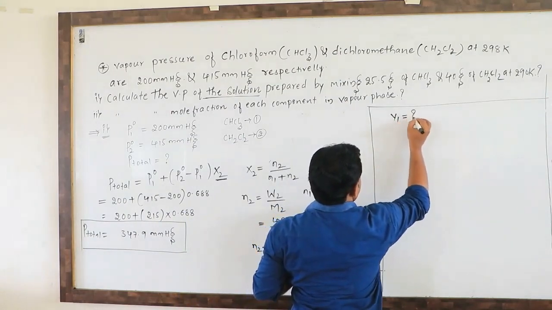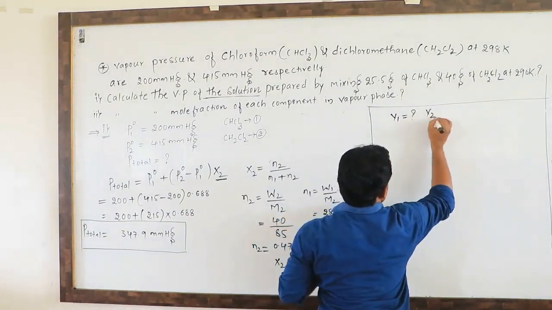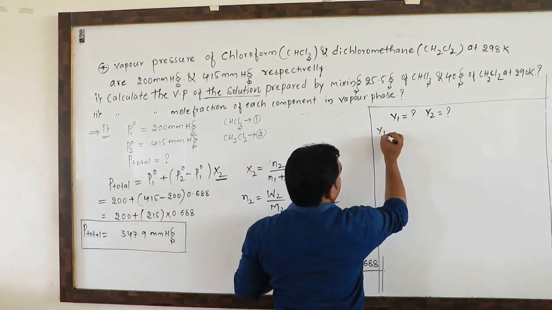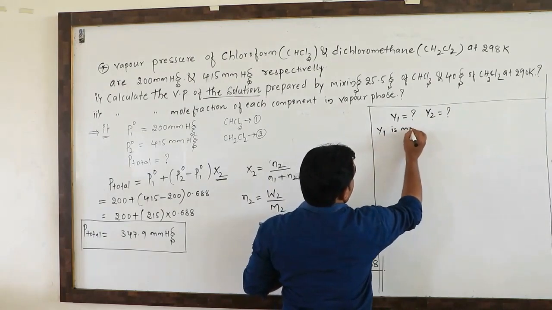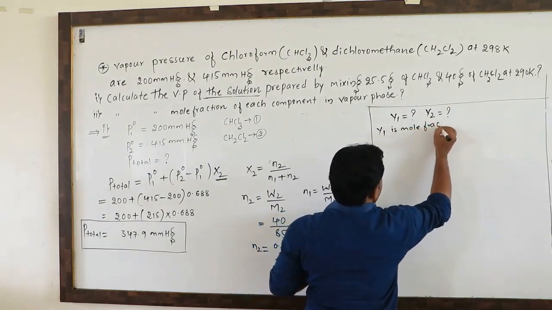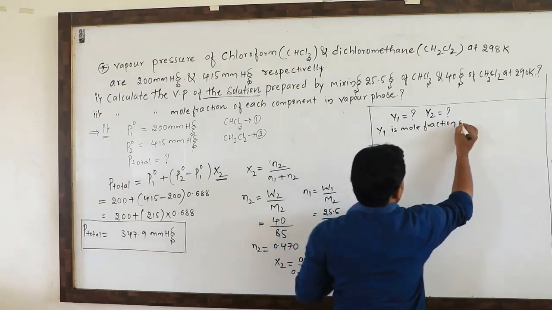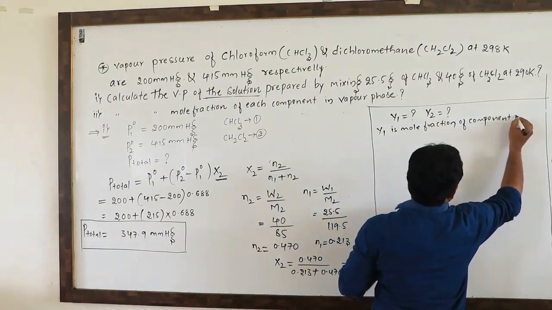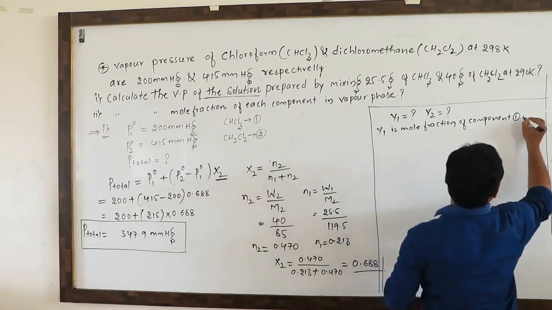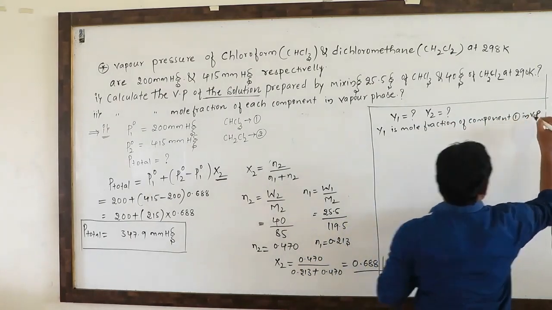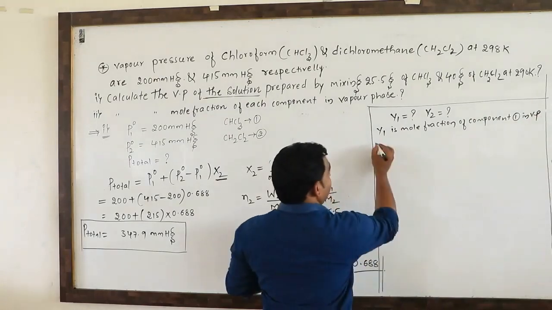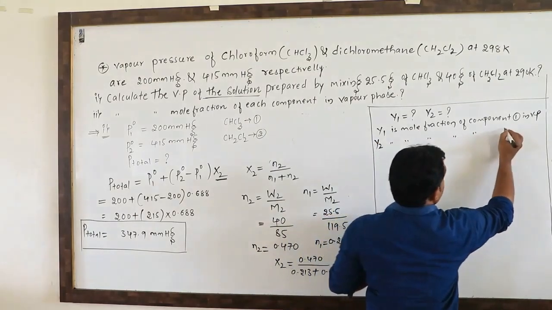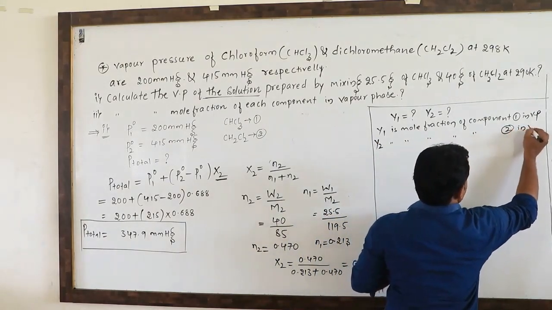Y1 is the mole fraction of component 1 in vapor phase, and Y2 is the mole fraction of component 2 in vapor phase.